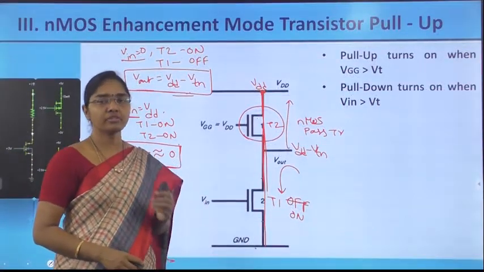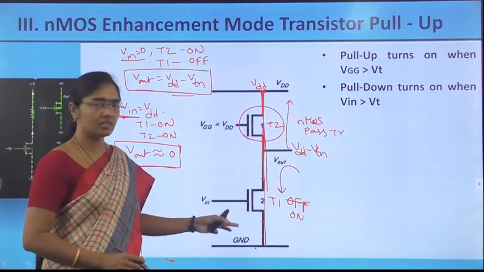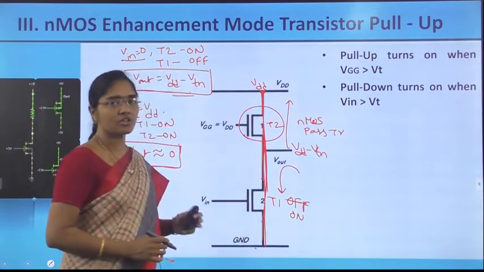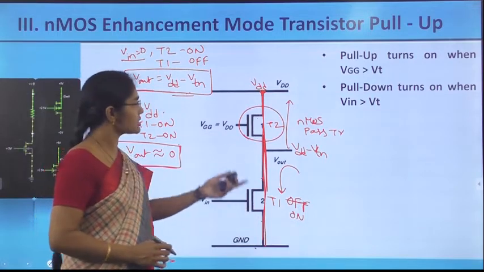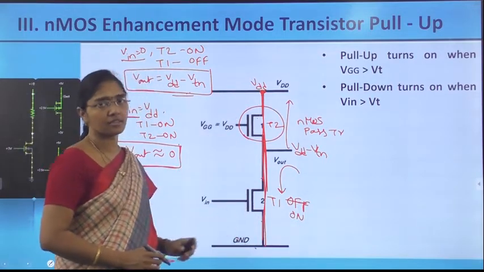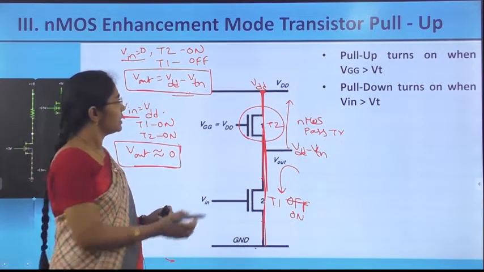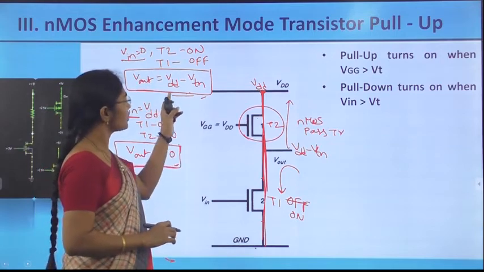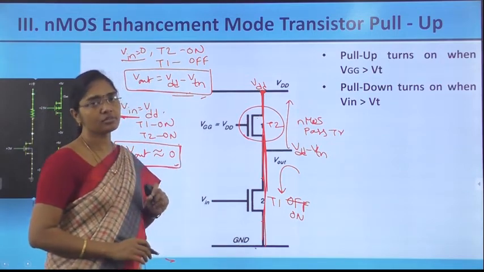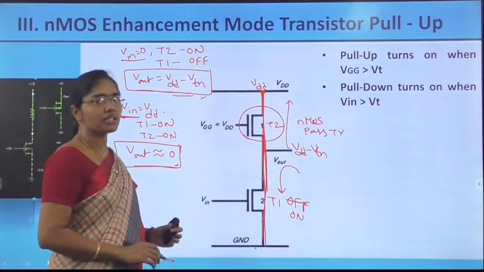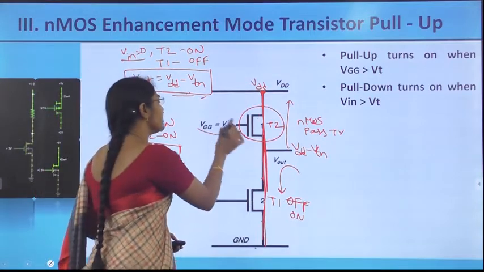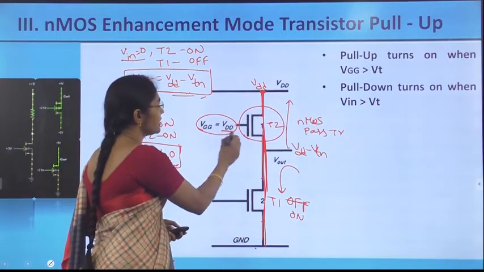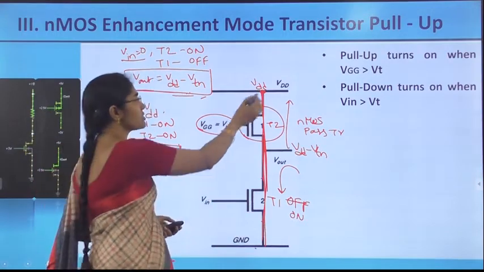Let us discuss the problems with this circuit. The first one is power dissipation. Power dissipation is not reduced when compared to the previous circuit, because here also a static path exists. And the outputs are also not full swings. That means output 1 is reduced and output 0 is also reduced. And one more thing required is, at the gate potential we need to use one more power source. If the gate is VDD, it is okay, we can use the same power supply.